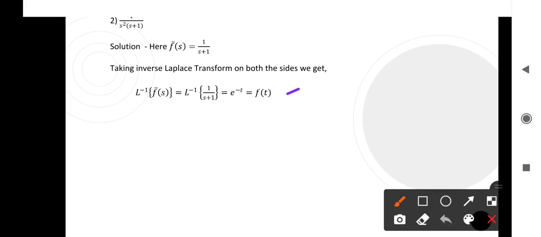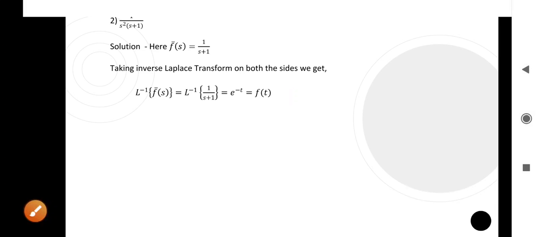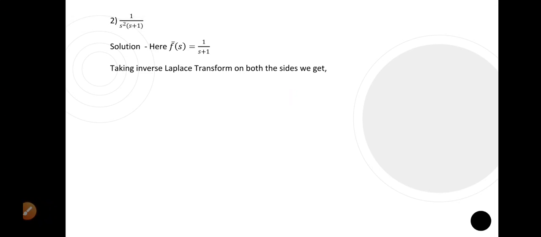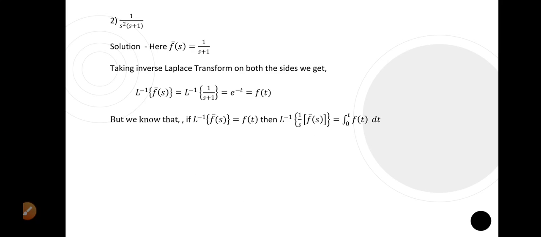So this is your f of t. This is your intermediate function of t and not the final answer. Now we will take the 1 upon s factors in this given function one by one. So first e raised to minus t as the result for f of t.